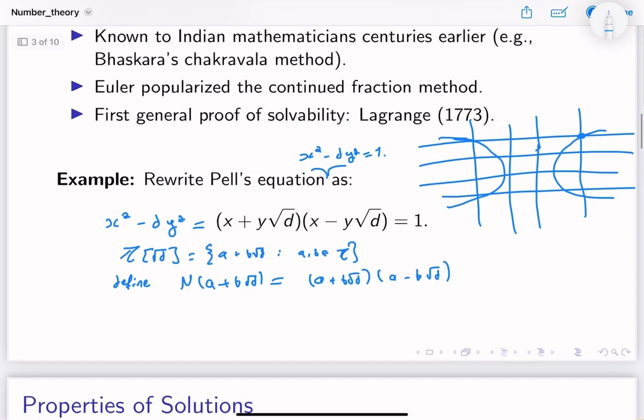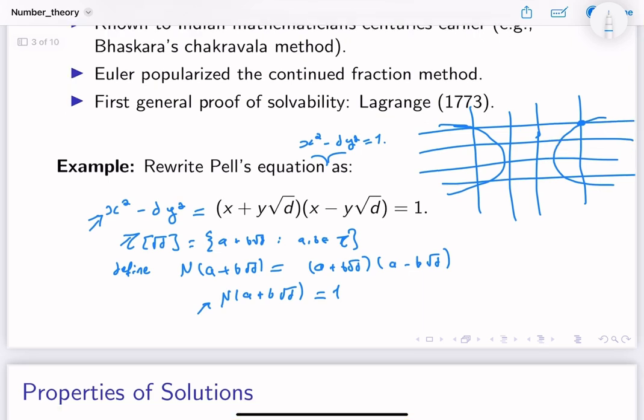So what's interesting about this is that a solution to Pell's equation can be read off from this equation. Solving this equation is equivalent to solving for an element of Z[square root of d] of norm 1. In other words, what we're really trying to find is a unit of Z[square root of d].